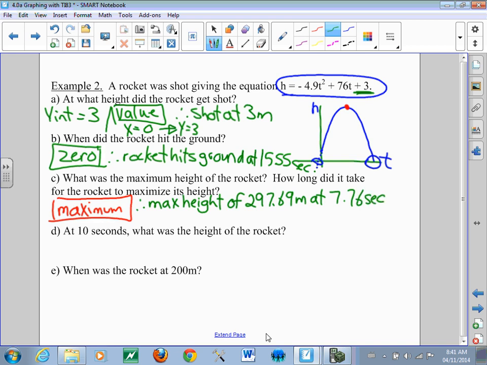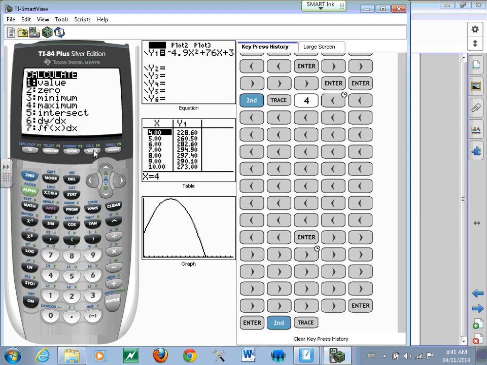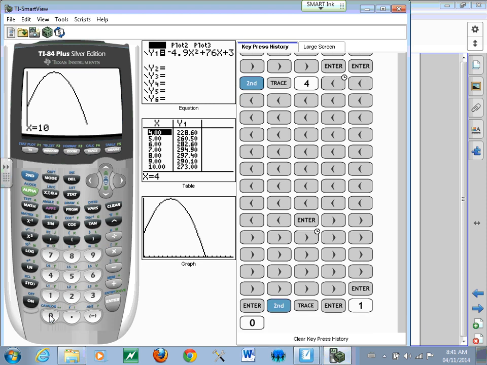Okay? Moving on, at 10 seconds, what was the height of the rocket? So that's going to be a value question. So you go value, then you're going to sub in x equals 10 and find out what y equals. So let's do that. So we go over here, second trace, value, 10, and it says it's at 273.